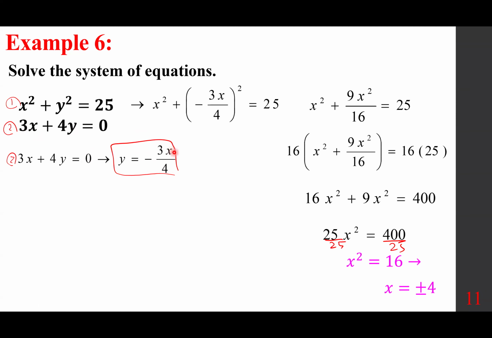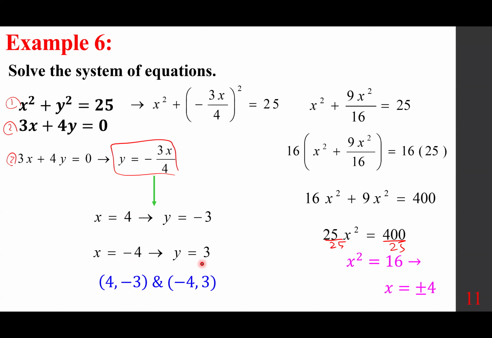If you put -4, -4 cancels out the 4 and gives you -1 times -3, which gives you +3. So either we have these two, 4 comma -3, or these two, -4 comma 3.